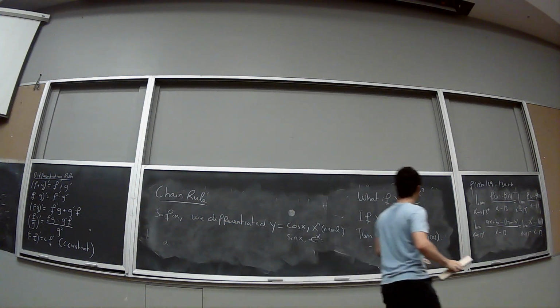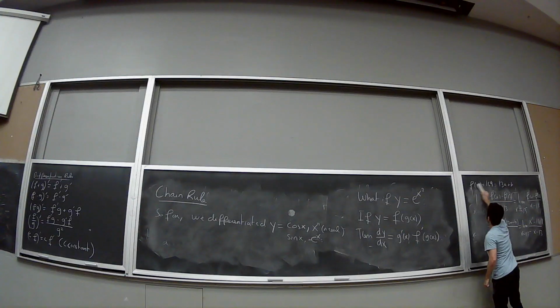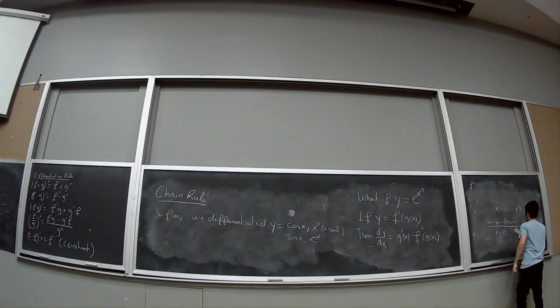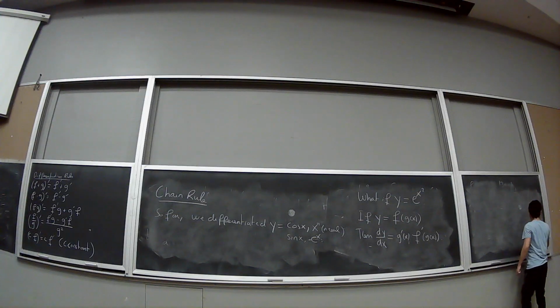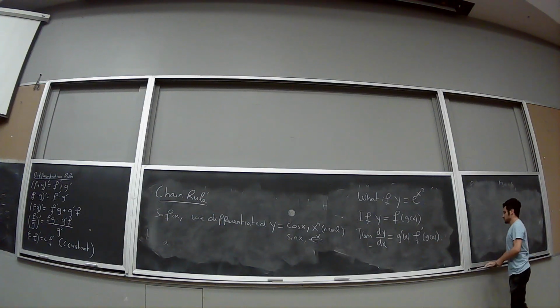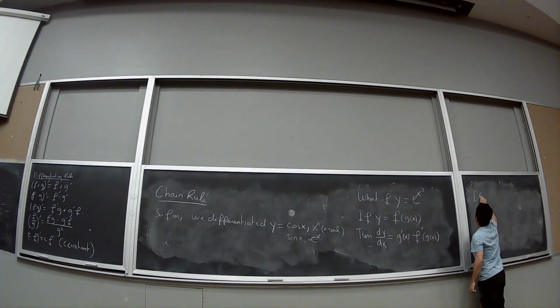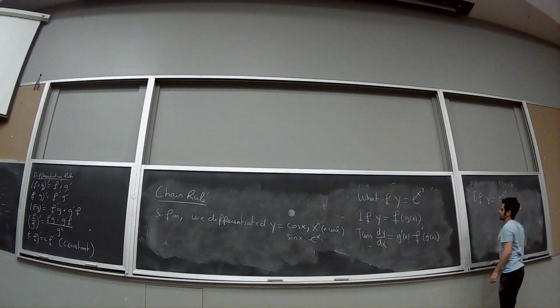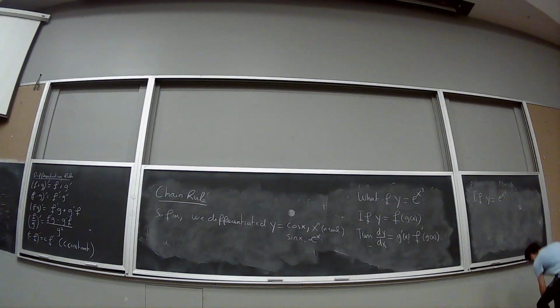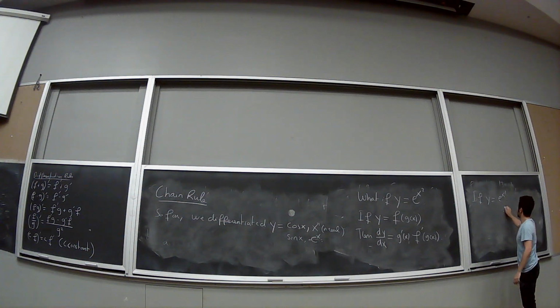Let us do a small example here. If y is equal to e to the x squared, I can write y as f of g of x, right? What is g of x here? What is the last function I'm taking? f of x is e to the x, right?